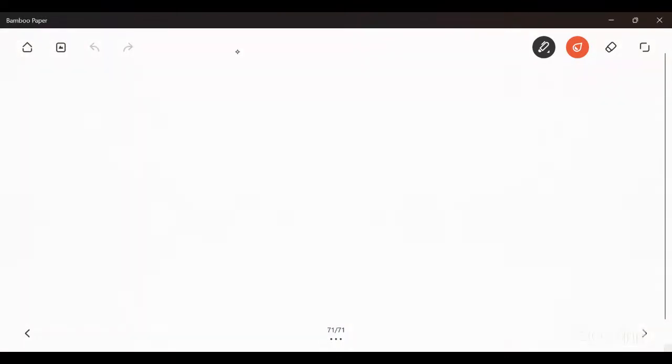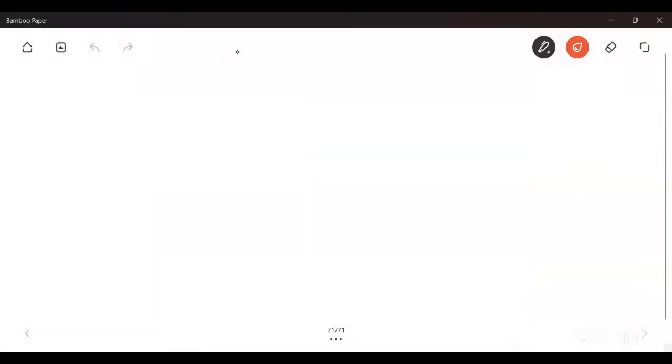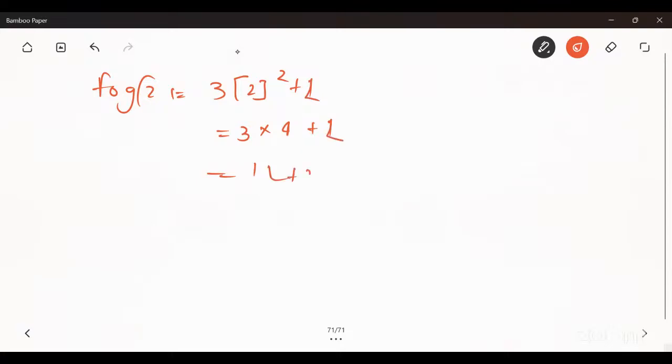So f of g of 2 is equal to 3 times 2 square plus 2. That is 3 into 4 plus 2. So 12 plus 2, you will get 14 as answer.